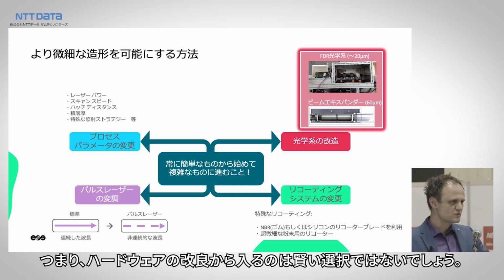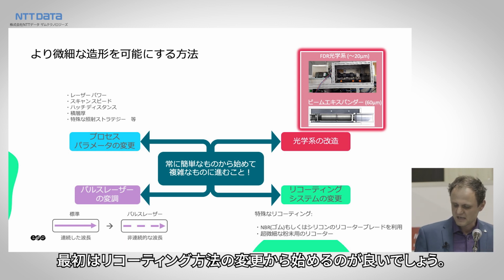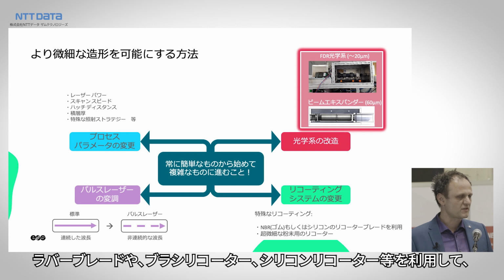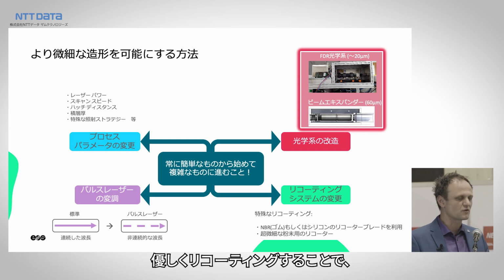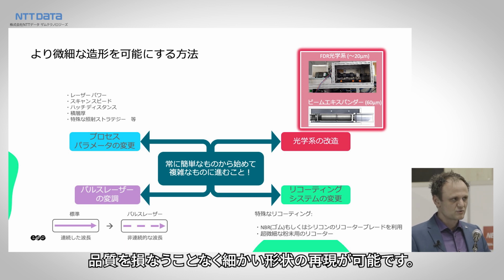And therefore you try to make your life easier. And the first adaptation to that would be using different recoating methods, such as a rubber blade or a brush recoater or silicon or whatever, soft recoating technologies that are out there that help you to make fine structures buildable without sacrificing and compromising quality. So this is, so to say, the first step.